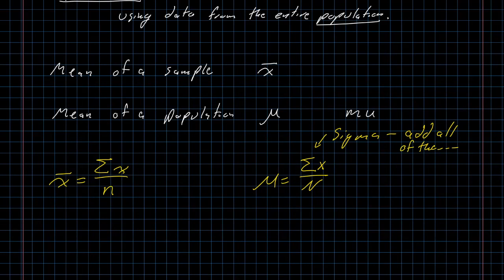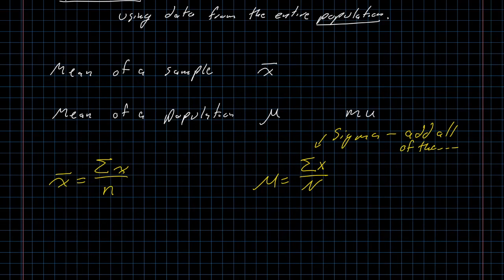It is a notation that literally tells us add all of the. So x bar says add all of the little x and then divide by little n. Remember, little n is the number of data values in the sample.